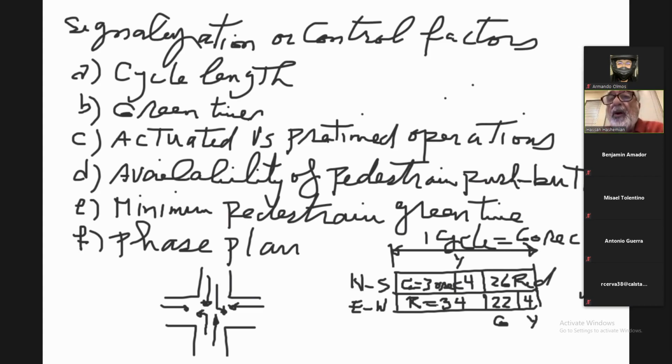So we need to know what the cycle length is. We need to know the number of phases, as I just talked about here. We need to know how many seconds of green time you have for cars moving. And then we need to know whether it is actuated or pre-timed operation.